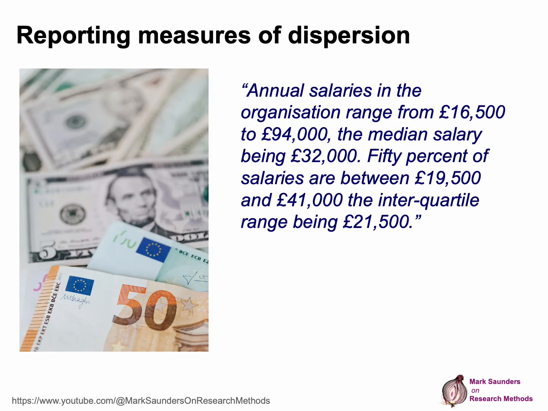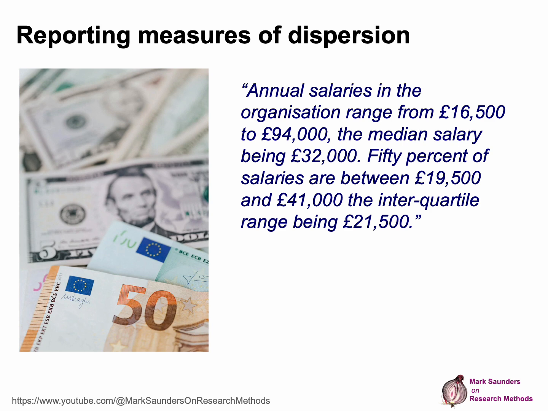Let's finish by looking at how we'd report these measures of dispersion if we were writing about them. And using this data set of 9 employees from a small business and their salaries, we would say something like: annual salaries in the organisation range from £16,500 to £94,000. The median salary being £32,000.